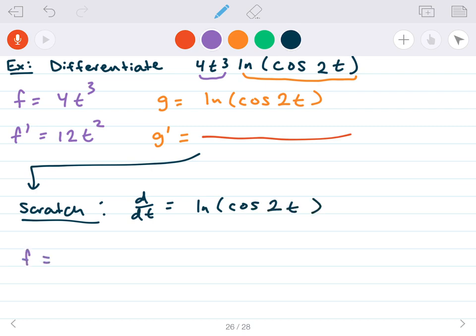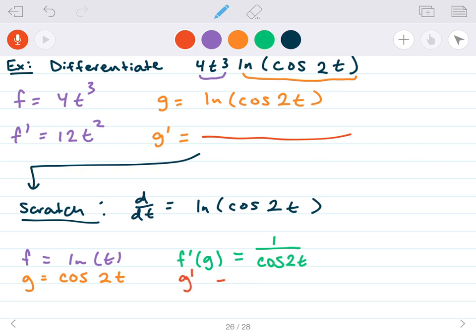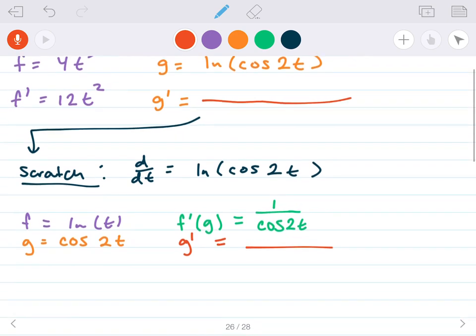My outer function is ln of t. My inner function is cosine of 2t. And so chain rule says f prime of g. The derivative of ln is 1 over t, but instead of t, I'm writing cosine 2t for g. And then I have g prime. Well, for g prime, I have to do the derivative, but I got to use the chain rule.